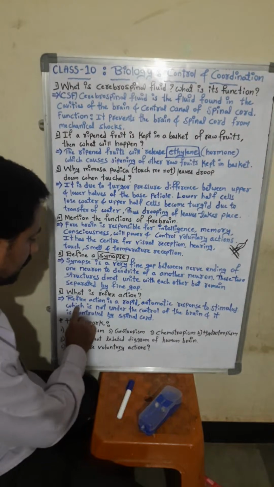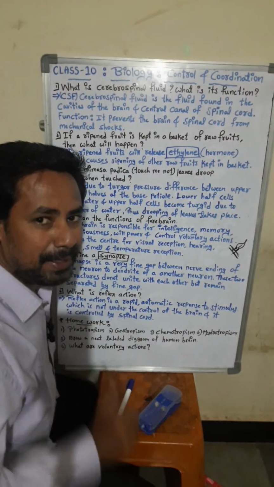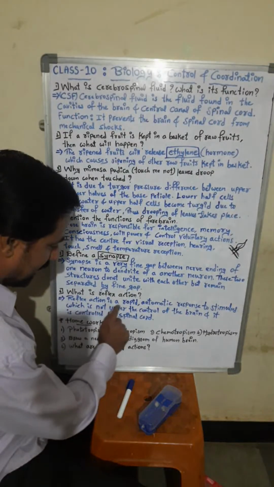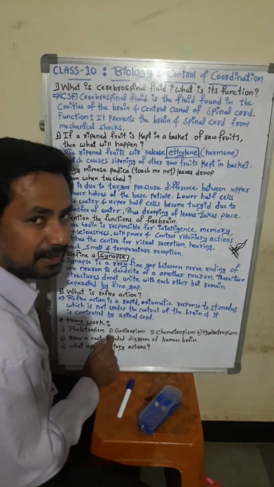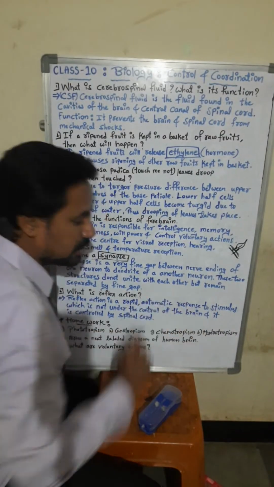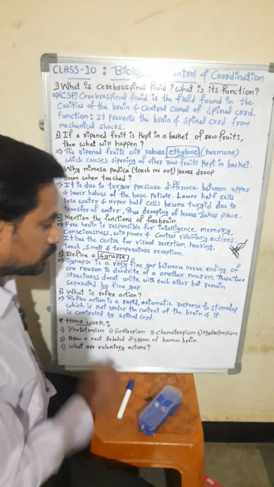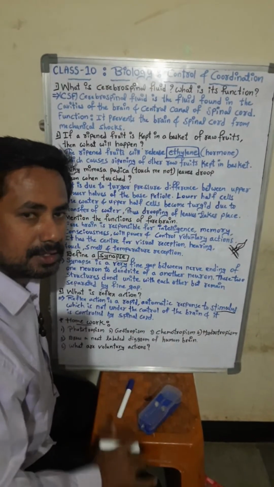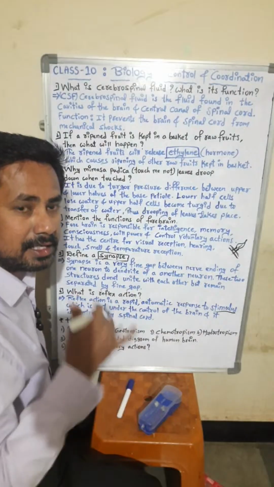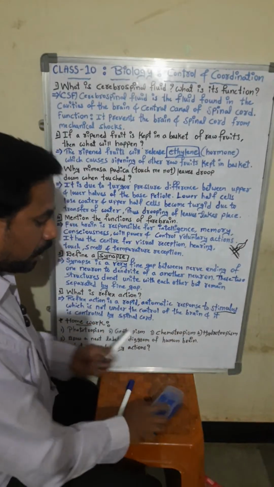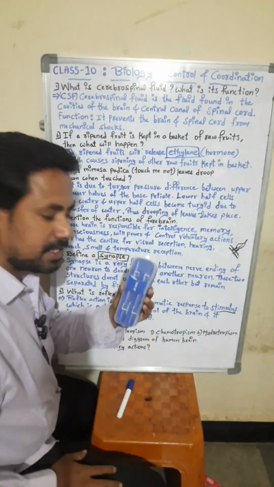Reflex action is a rapid, meaning speed, fast, automatic, without knowing, response to the stimulus. Students, stimulus means changes in the environment. A snake is coming, or a very hot object is there.